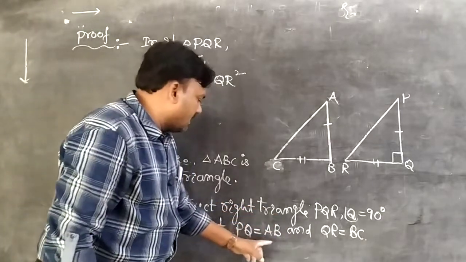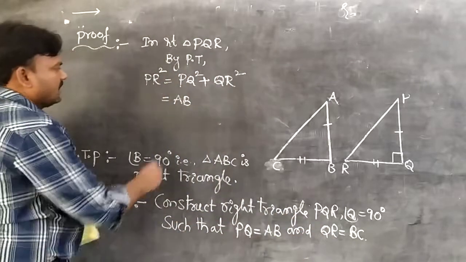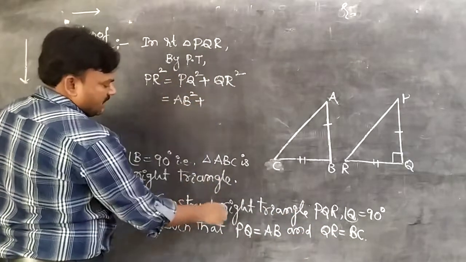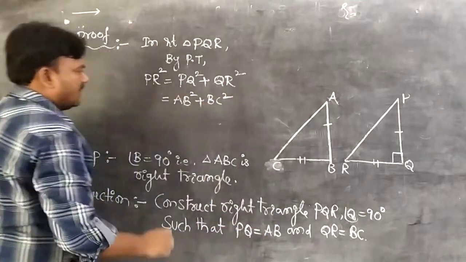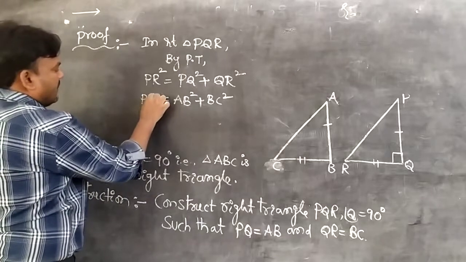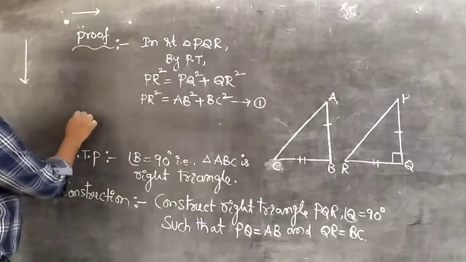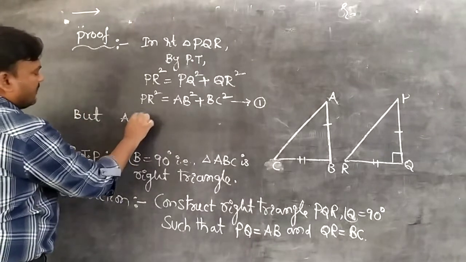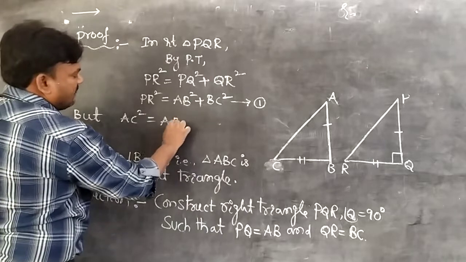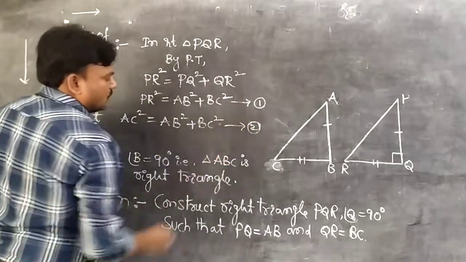But we know that PQ equals AB and QR equals BC. Substituting these values, AB square plus BC square. So PR square equals AB square plus BC square, which is equation number 1. According to the given part, AC square equals AB square plus BC square, which is equation number 2.